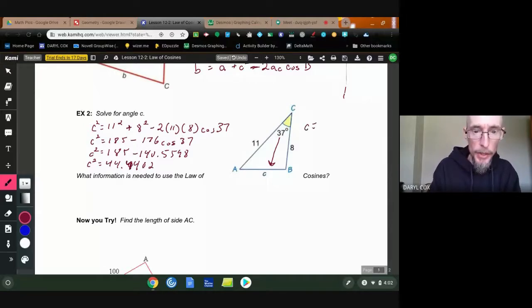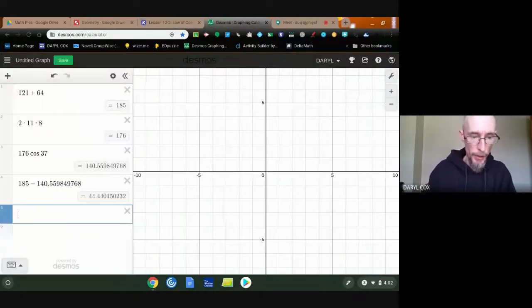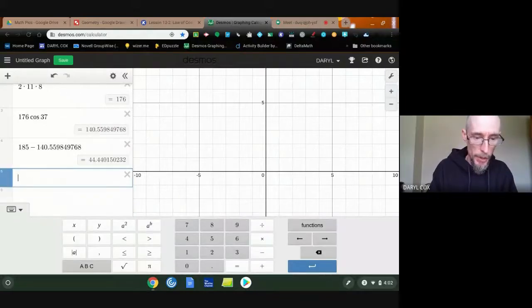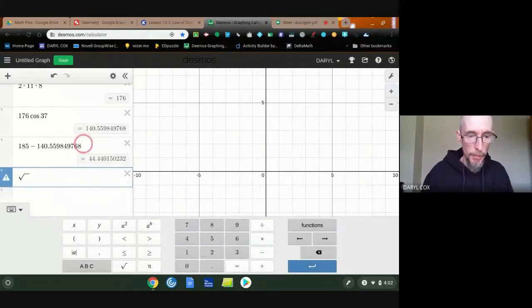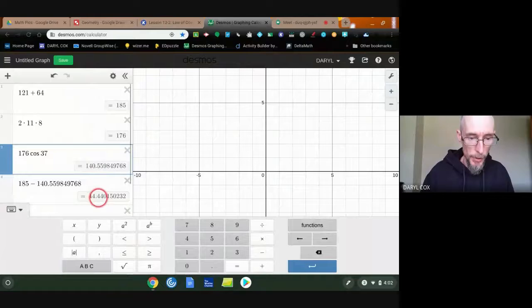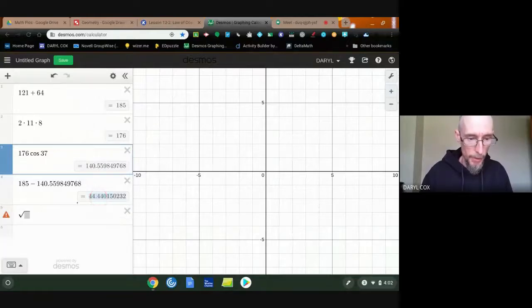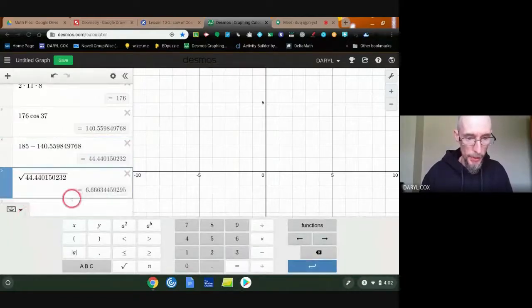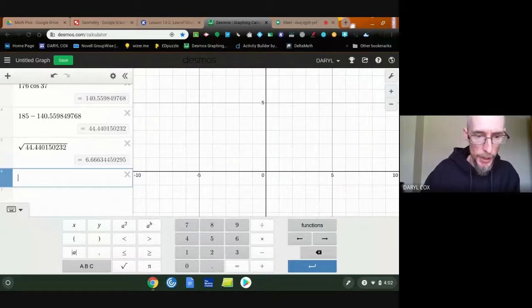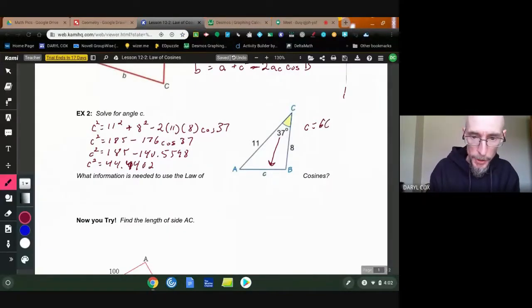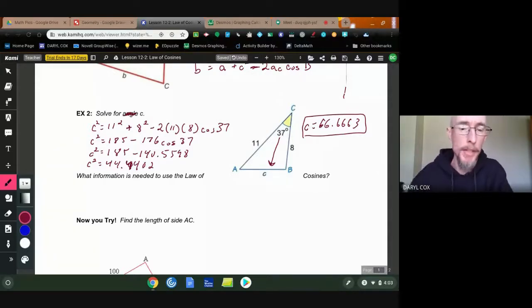So c will equal the square root of 44.4402, which is 6.6663. There's my side. Oh, they said angle C; that should have been side C. We already know what angle C is. So there's my side.